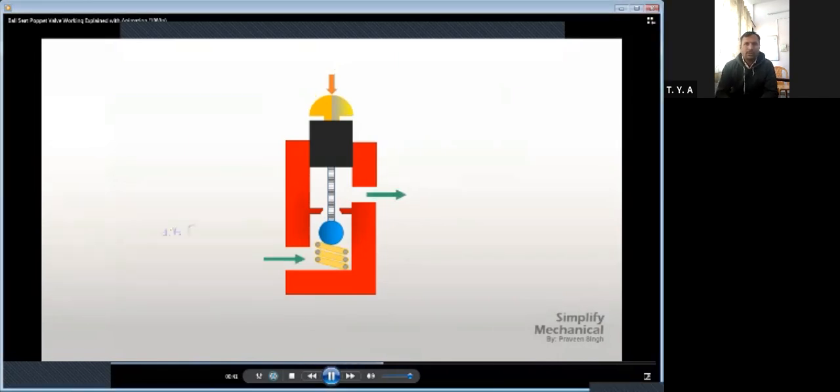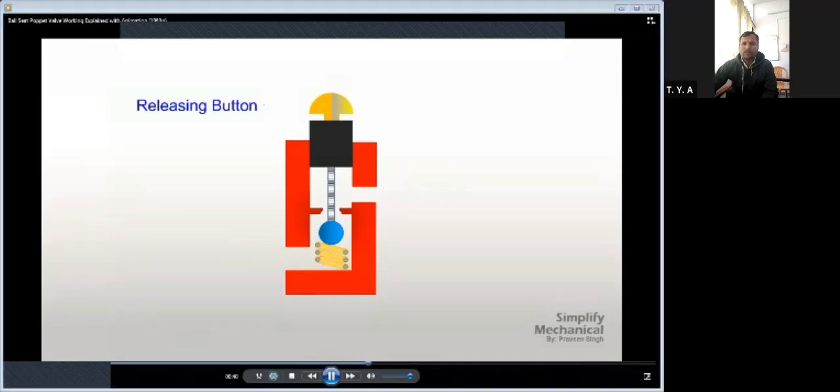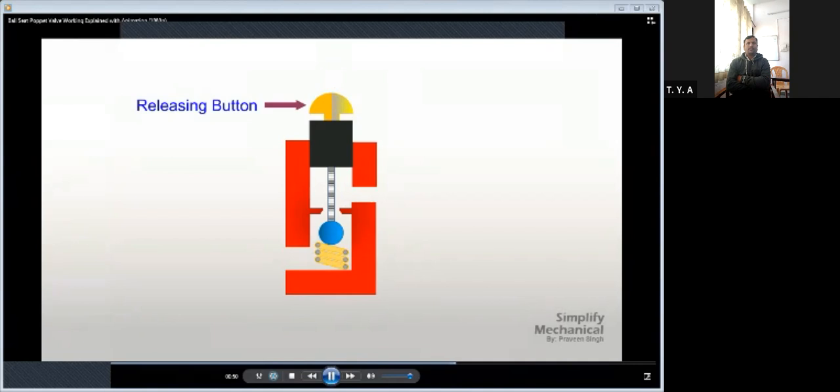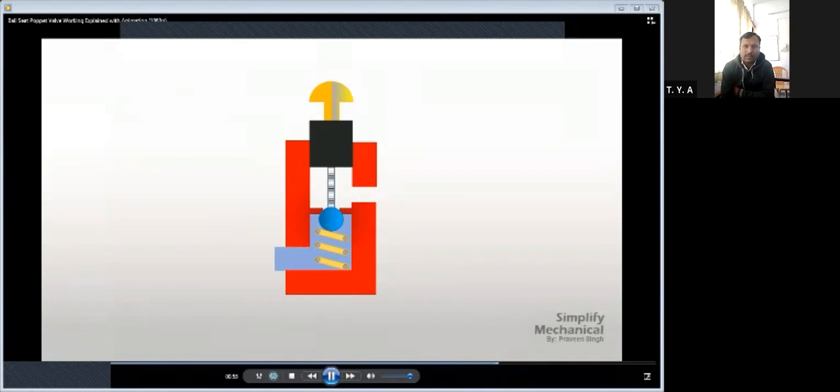When you push that button, then port 1 will connect, and by releasing that button, the ball will take its original position. That means there will not be any connection between port 1 and port 2.